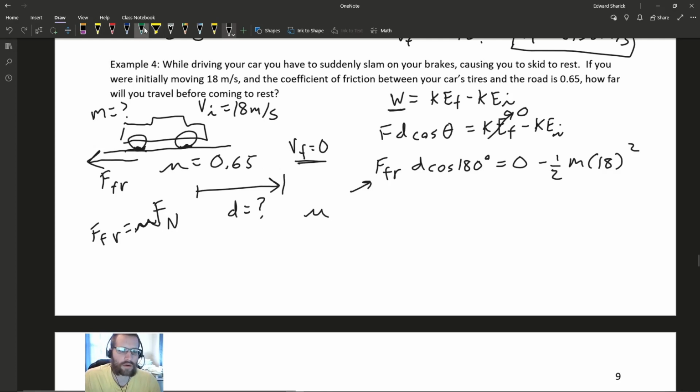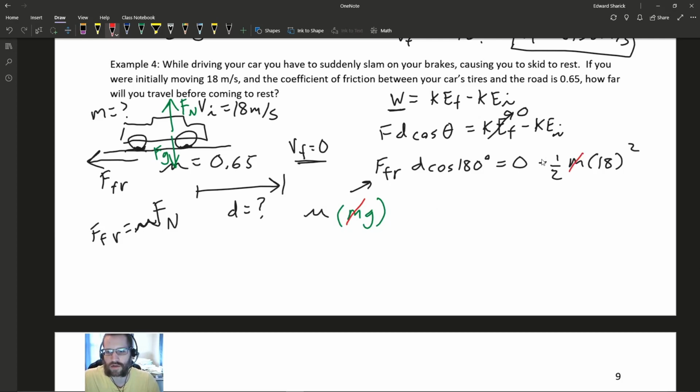Well, if I draw my forces here, I've got the normal force and I've got gravity. And these two forces are going to be equal and opposite, which means that my mu Fn here is really going to be mu mg. And this is beautiful because it allows us to cancel with the m on that right-hand side.